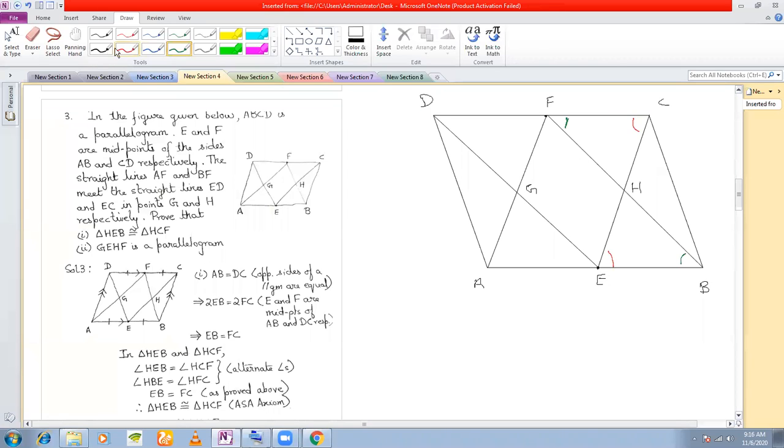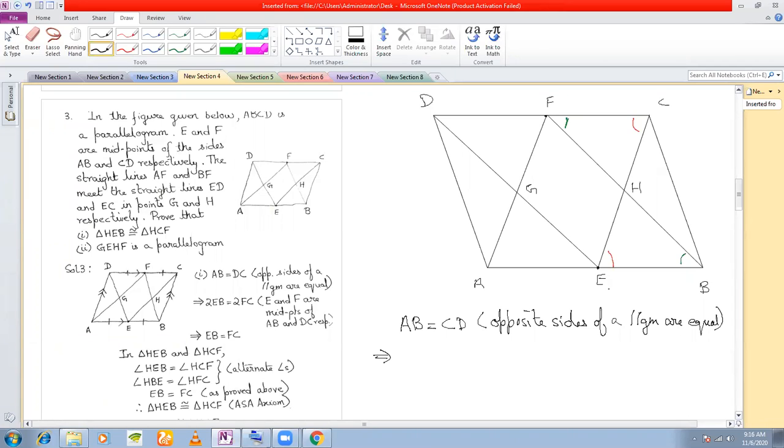If you cannot see any side, then what you must observe here is that AB must be equal to CD, right? Because opposite sides of a parallelogram are equal, right?